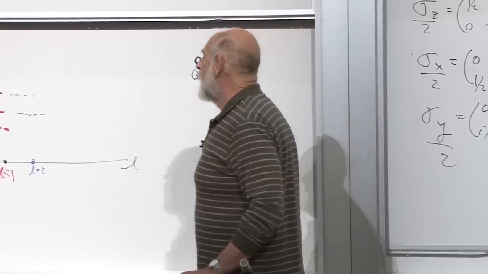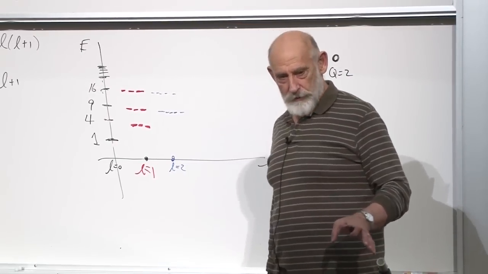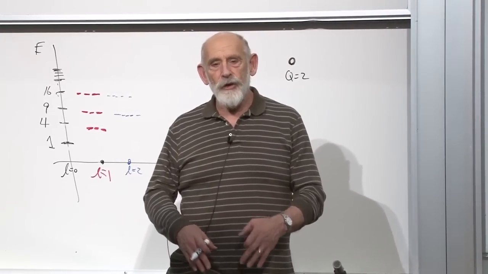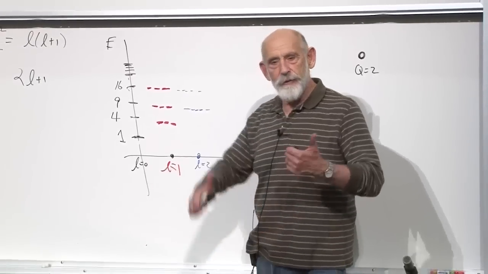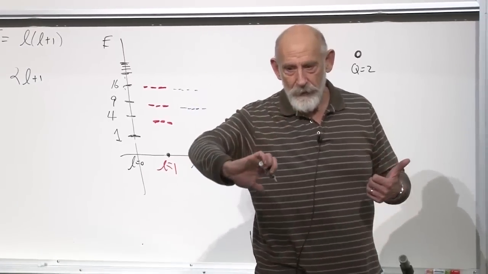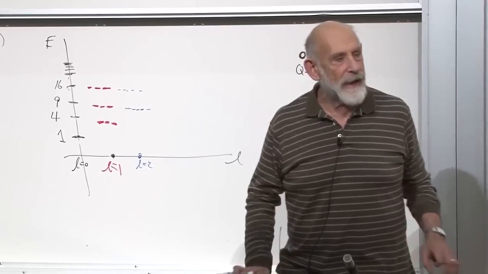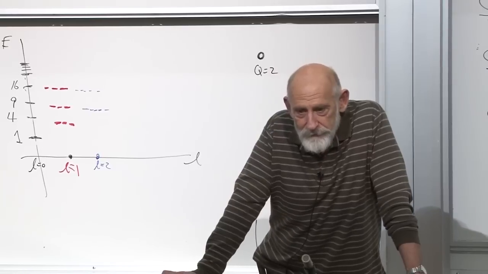You can put 2 electrons into the same orbital angular momentum state if you give them opposite spin. If one of them is put in the up state and the other one is put in the down state, then I can save my crazy exclusion principle.